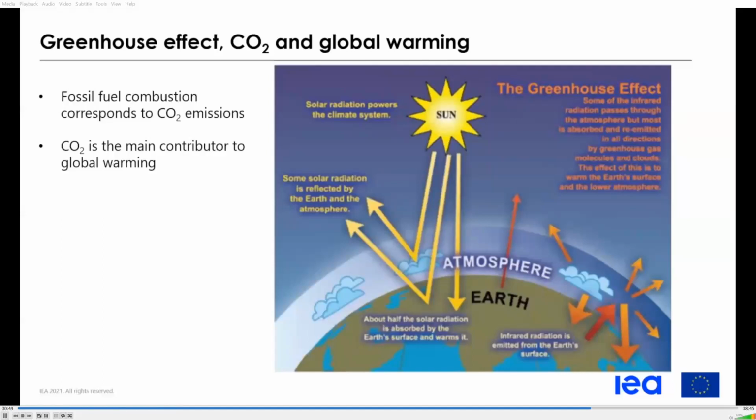The trapping of the long wavelength radiation leads to more heating and a higher resulting global mean surface temperature. CO2 is the major contributor to global warming, and combustion of fossil fuels is the main source of global anthropogenic CO2 emissions.